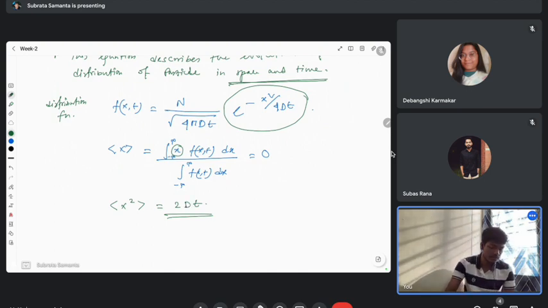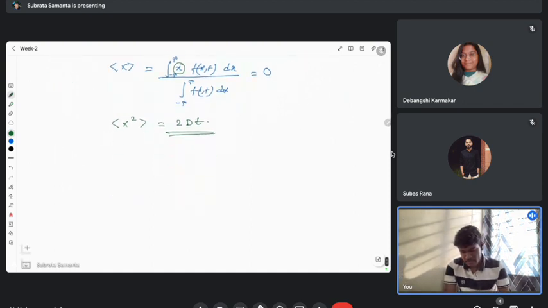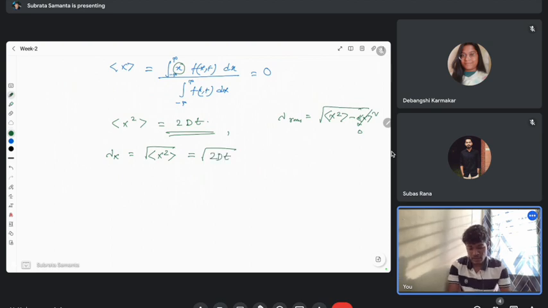So x square average is 2 D t, and we define lambda x as the RMS length, which is the root of x square average minus x average squared. Since x average is 0, it is only the x square average, so this is root of 2 D t.